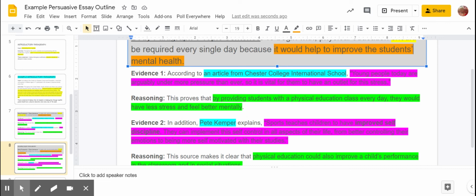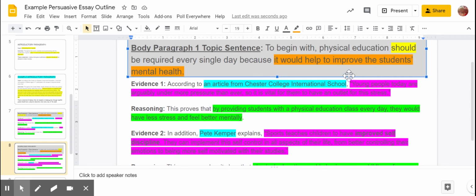So this is the quote that I took from that article. My reasoning. This proves that by providing students with a physical education class every day, they would have less stress and feel better mentally. Okay, so it's bringing home this idea of my topic sentence, my claim that's in orange up here, but it's not saying exactly the same thing.